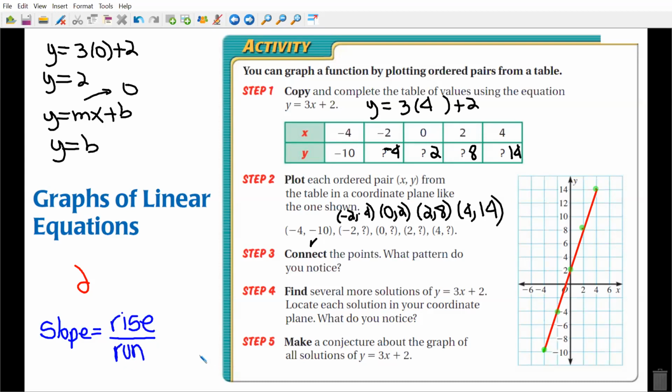Okay? And rise is going up or going down, and run is going to your left or to your right. Now, in this exercise, from this point to this point, I am going up. How many units am I going up, guys?